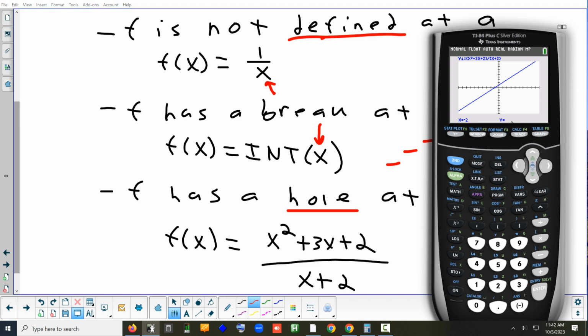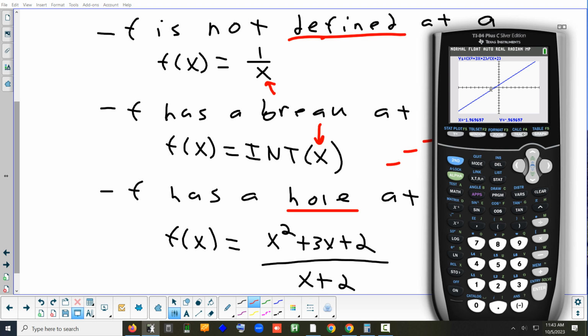Right? You can plug in numbers up to -1.9999999, that's fine. You can plug in -2.000001. It's probably going to round that to -2 when it shows it on the screen. But remember, it's really not -2. The only value you can't plug in is exactly at -2.